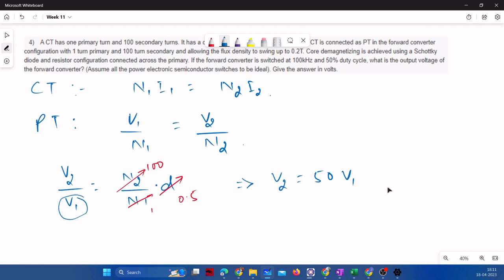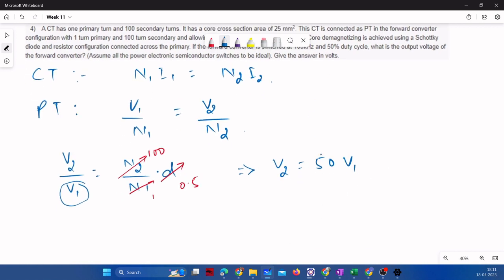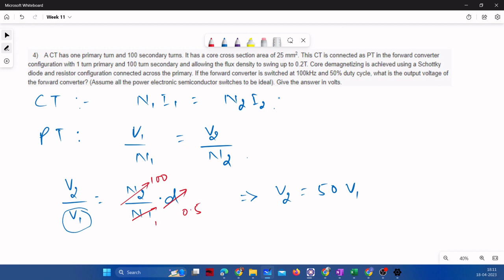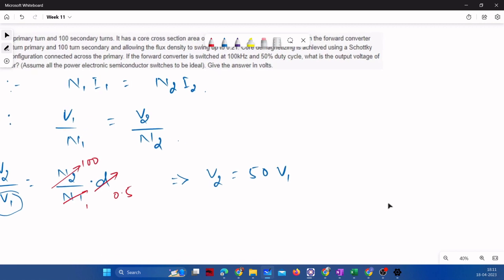Yes, sir. If the maximum flux density is given, let me recall the graph of magnetizing inductance. The flux was rising and falling in a time period in such a manner.